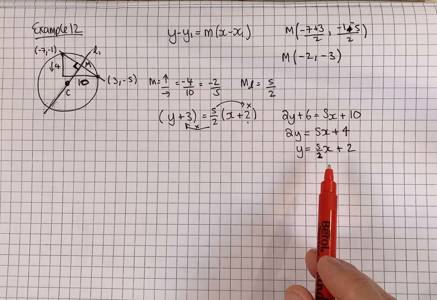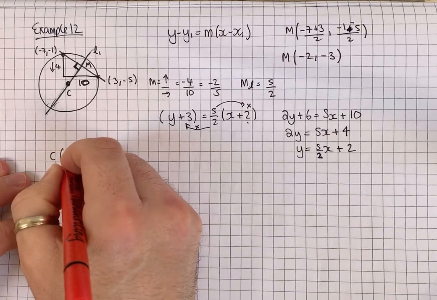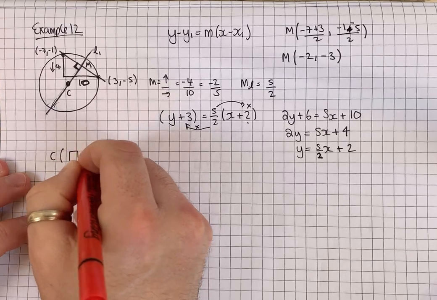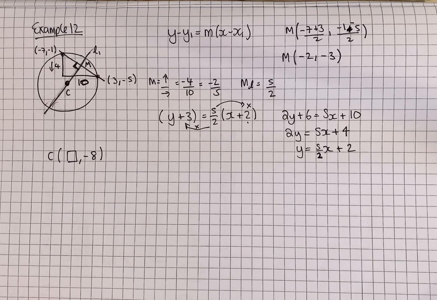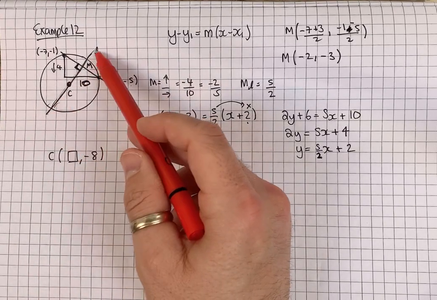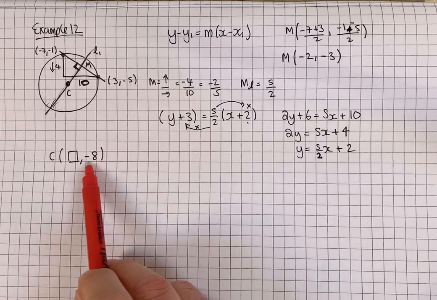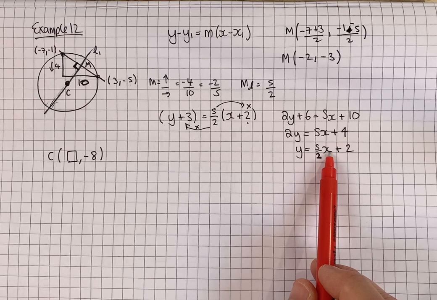Now, part B says to work out the coordinates of the centre of the circle, given that we know the y coordinate is -8. So C is something, -8. Well, I've got the equation of this line here. All I need to do is simply substitute y equals -8 into this equation and then solve it to find the x coordinate.